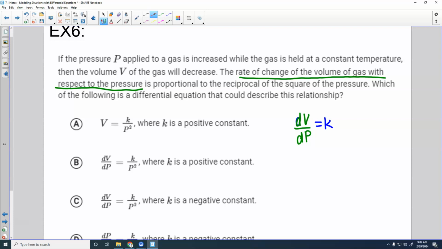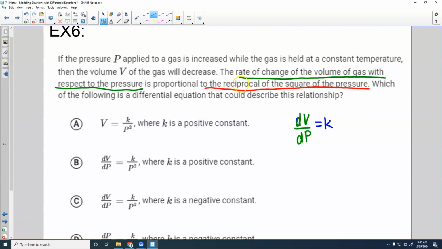All right. It's proportional to the reciprocal of the square of the pressure. What does that mean when I have the reciprocal? What do you mean reverse? Okay. The fraction is flipped, right? It's not the sign changing, because reverse could mean the sign is changing, or it could mean that you're flipping the fraction. So reciprocal is flipping the fraction.